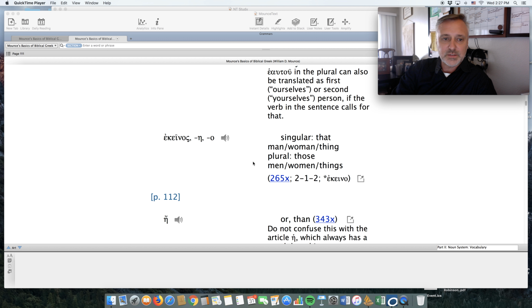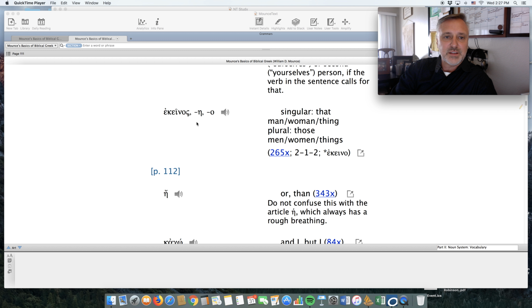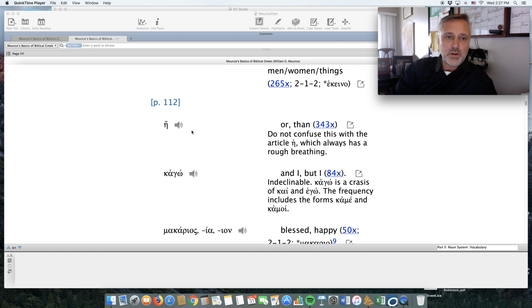All right. Ekenos. This is what we learned in this chapter about the demonstrative pronoun, meaning that, and those. So you can see over here how many times it occurs. Here's another word, a, which is or than. And he has a little note here, not to confuse this with the article hey, which always has rough breathing.